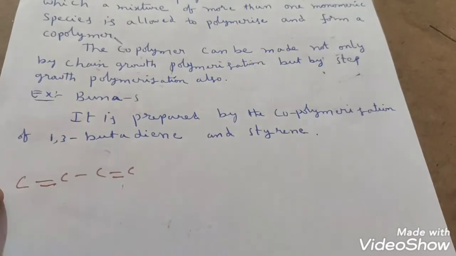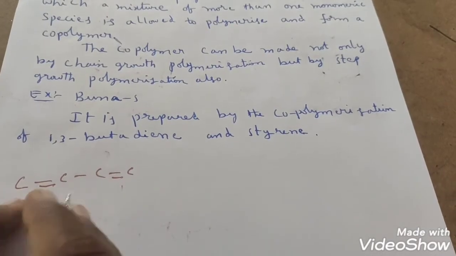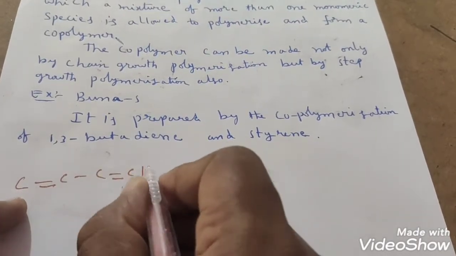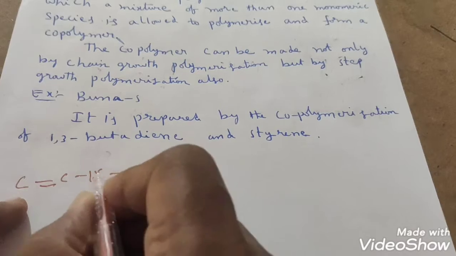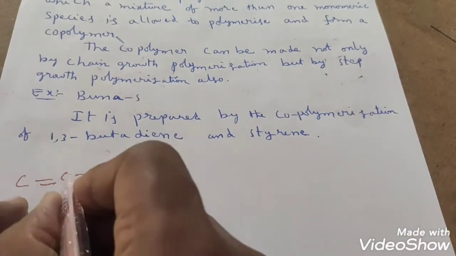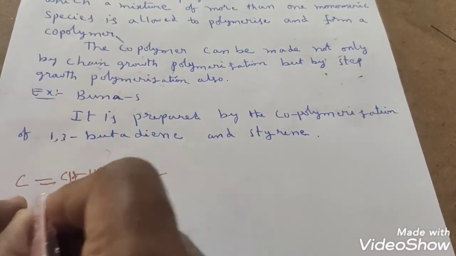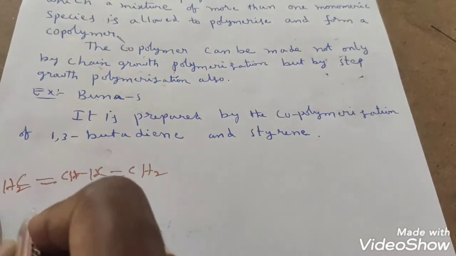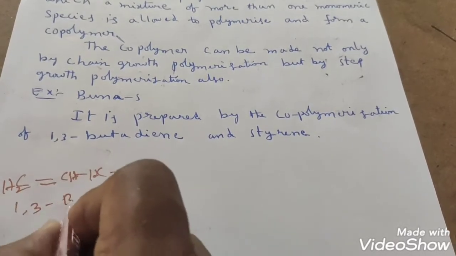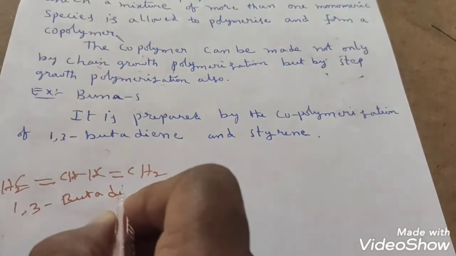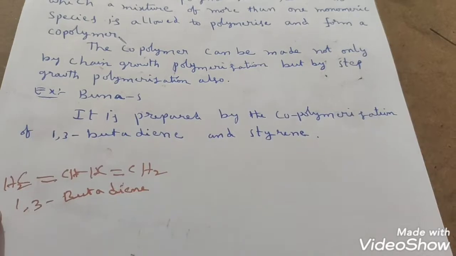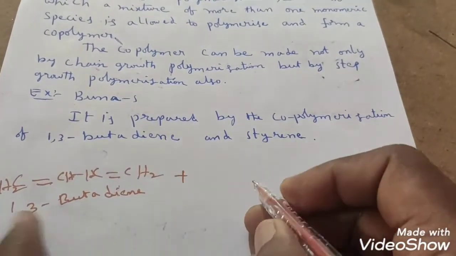First position and third position. Based on that, you can arrange the hydrogen atoms. Then you will get CH2 double bond CH, CH double bond CH2. This is 1,3 butadiene. This 1,3 butadiene will react with the styrene.